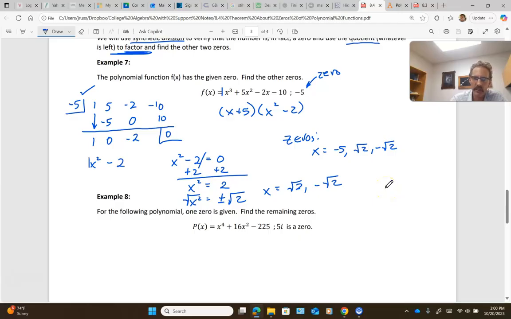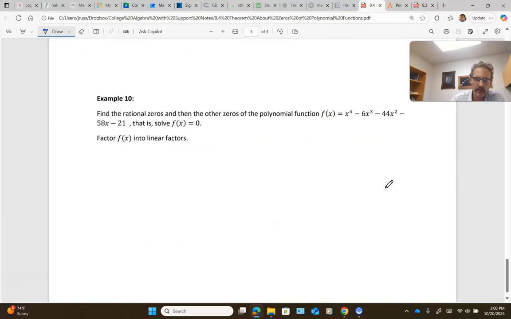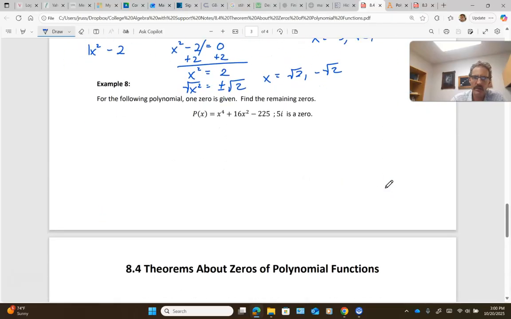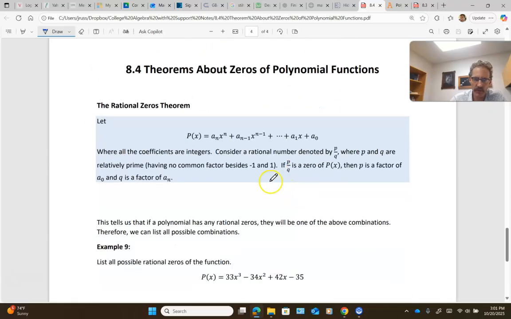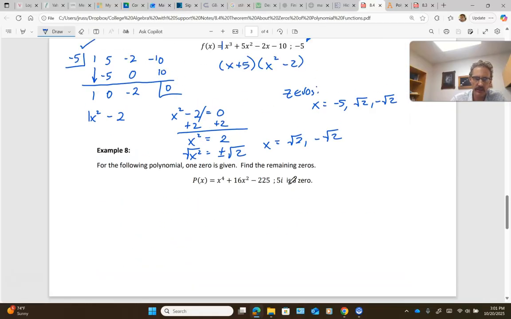Why don't we save example 8? We've got enough time to do it. I just kind of want to use it as a refresher before we tackle this last little section here.